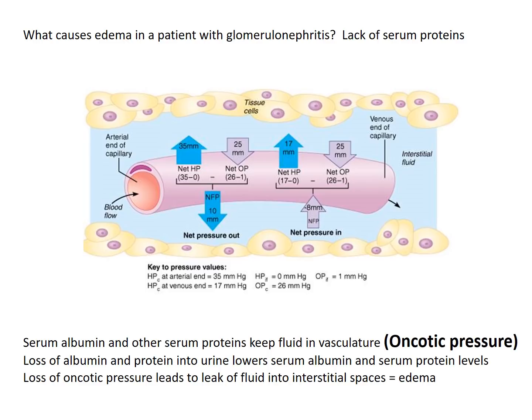When your protein levels inside your serum are low, your oncotic pressure is low, and when your oncotic pressure is low, you have less ability to suck water out of tissue and back into the bloodstream. Water remains in tissue, and that's what leads to the diffuse edema that you see in people with glomerulonephritis.